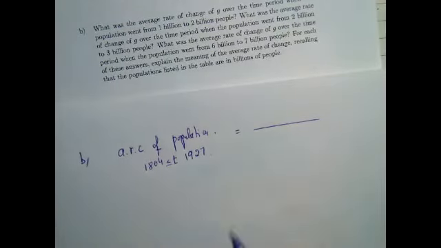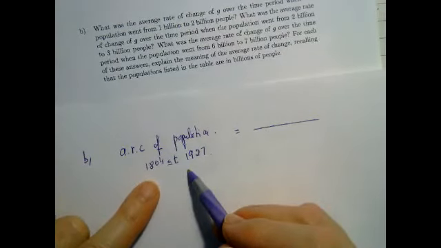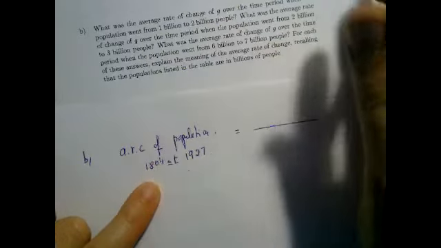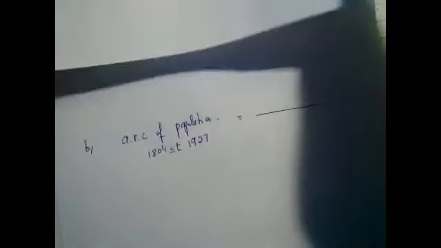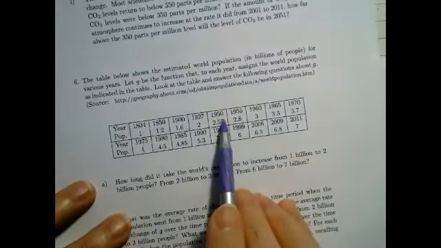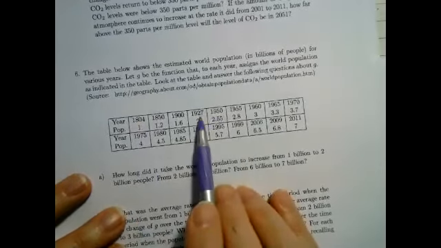The input here is time. The output here is the population. So the average rate of change when the population went from 1 billion to 2 billion: this change occurred between the years 1804 and 1927.